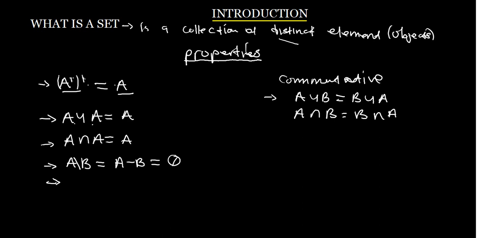Then the other thing that we can talk of is the associative. So associative, we just associate things. So let's say, these are properties, by the way.